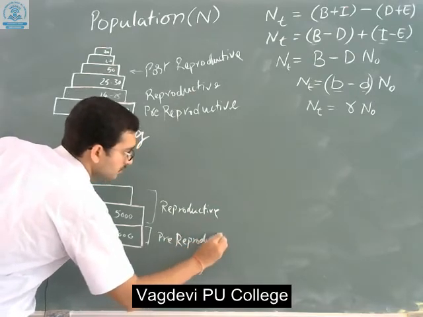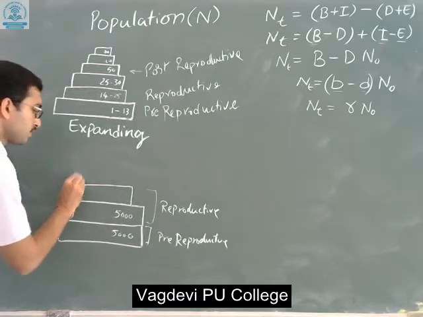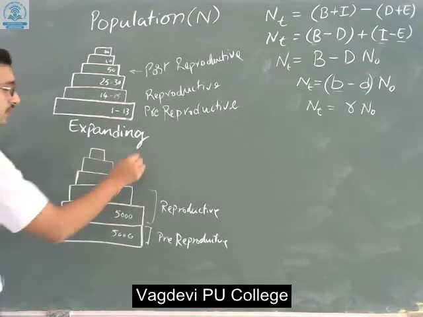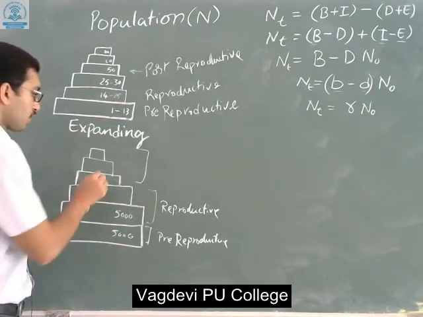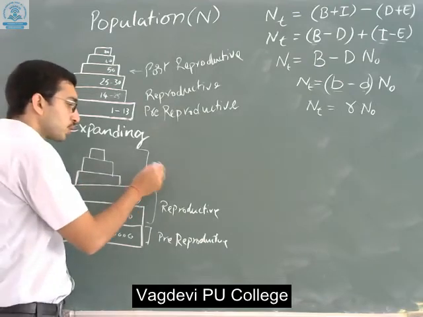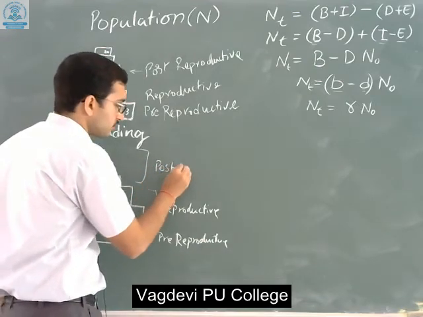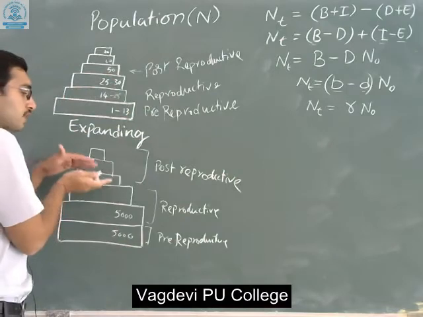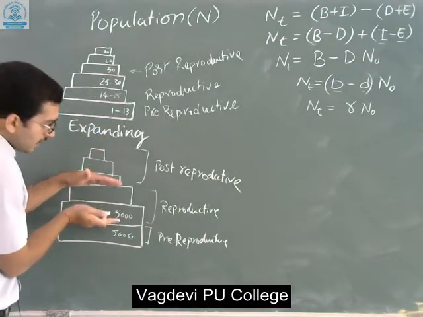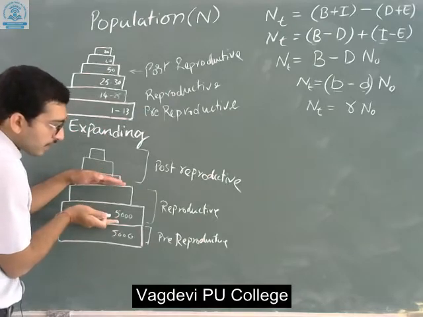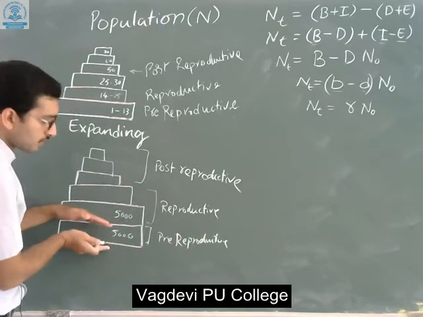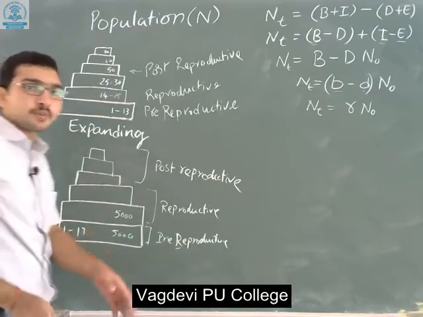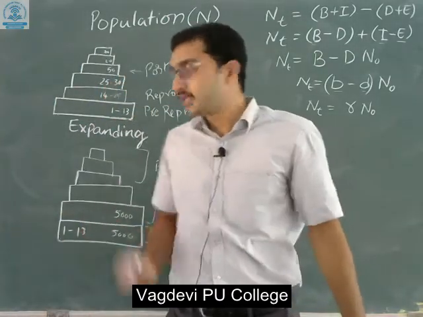As you know, the post-reproductive, all the old individuals, are kept in the top half. The top positions of the pyramid include all the post-reproductive, meaning all old-age individuals are present there, whereas the most reproducing organisms are included in the reproductive phase, and the bottom half of the pyramid indicates the pre-reproductive, meaning very young children of age group 1 to 13 are included in this.